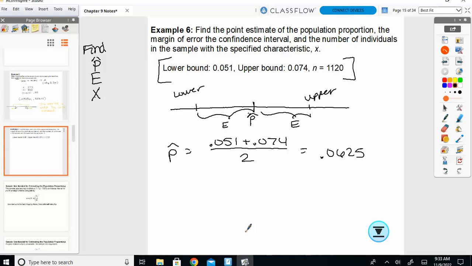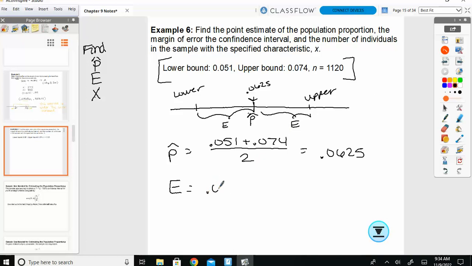So I have my p hat, 0.0625. The error is how far from the center you go. There's a couple different ways you could get it. Can you give me an option? Yeah, we now know this middle. We know these values, so you can just subtract.